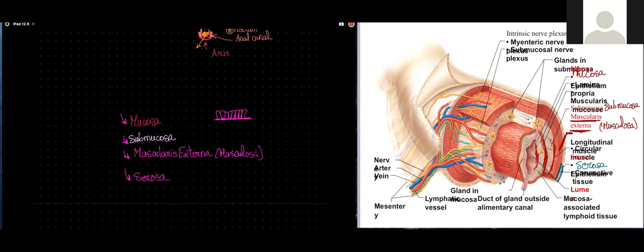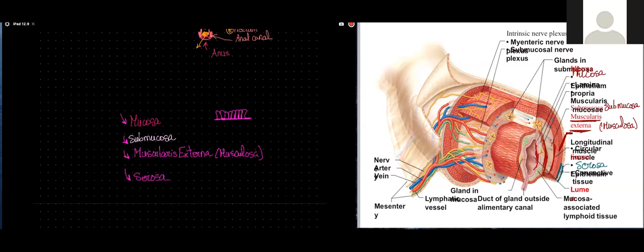So simple squamous is not going to be lining the gastrointestinal tract. It's so delicate, it won't act as a strong barrier. So I can't have simple squamous. I also don't have cuboidal.